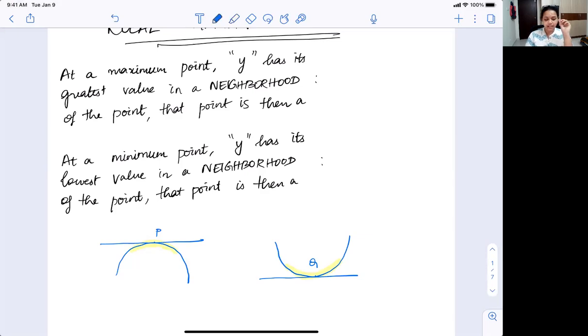Now, if at a particular point the function has its greatest value in the neighborhood around that point, then we call that particular point the local or relative maximum.